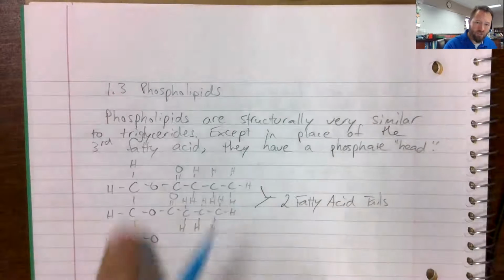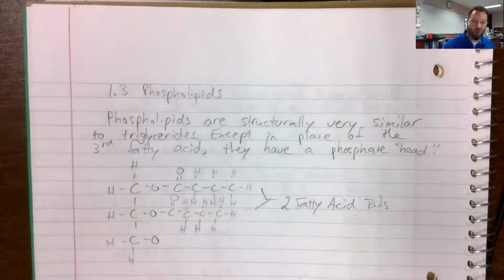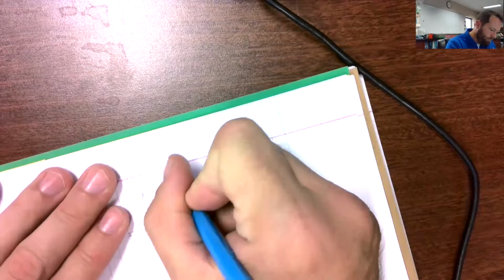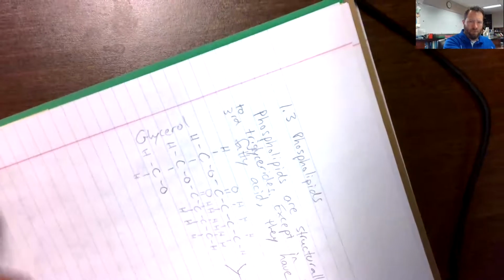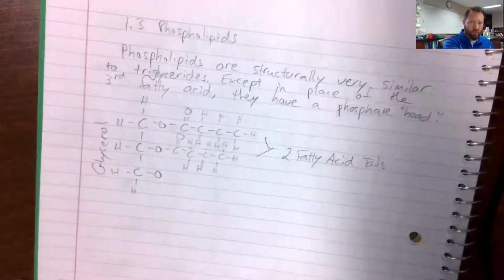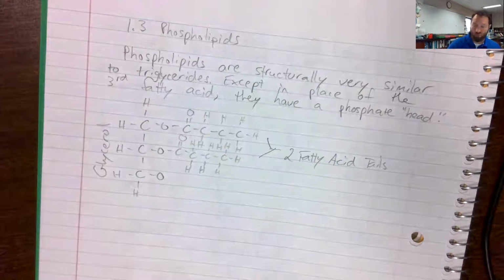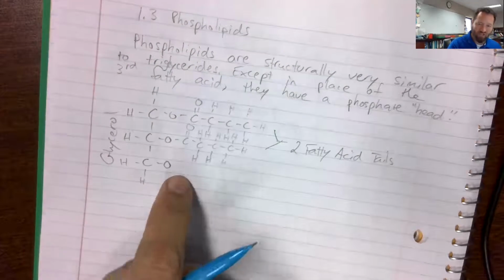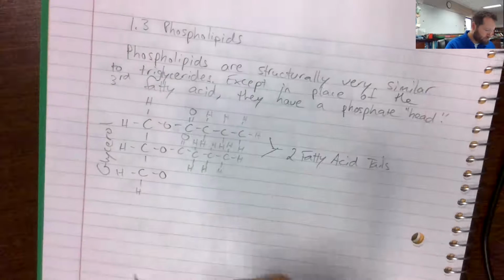And they're connected to, hopefully we're starting to recognize this structure here, the three carbons with the O's on them. This is a glycerol. So far, our diagram looks pretty much identical to what a triglyceride would look like. If we just add another fatty acid tail right here, we would have ourselves a triglyceride. But that's where the difference comes in.